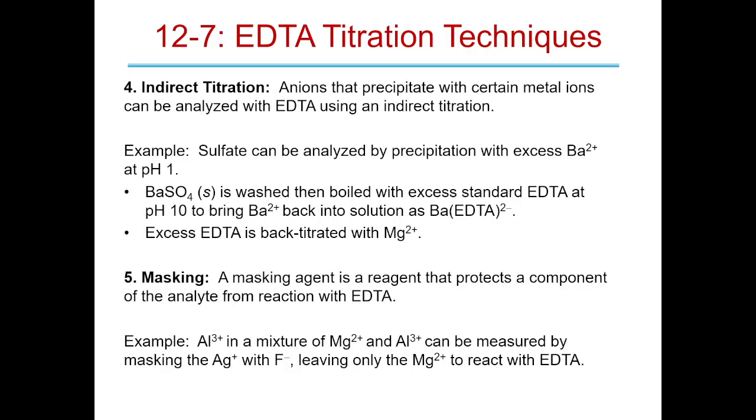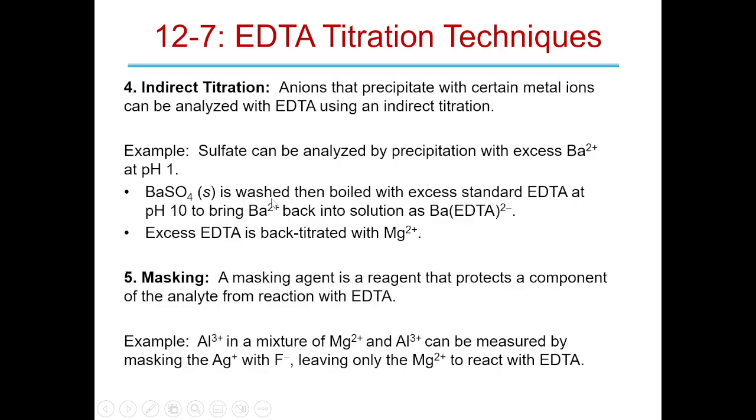Okay. We can also do an indirect titration. Anions that precipitate with certain metal ions can be analyzed with EDTA using an indirect titration. Here's an example, which is sulfate. It can be analyzed by precipitation with excess barium 2+ at pH 1. The barium sulfate is then washed when boiling with excess standard EDTA at pH 10.